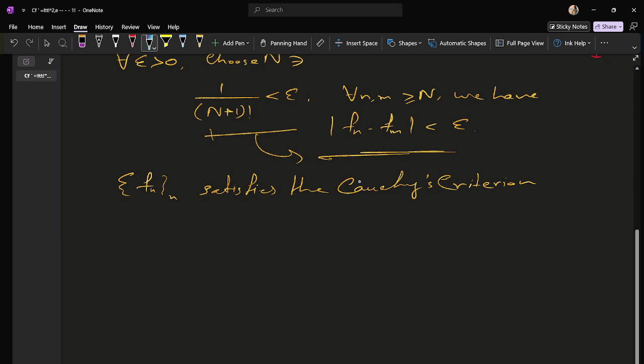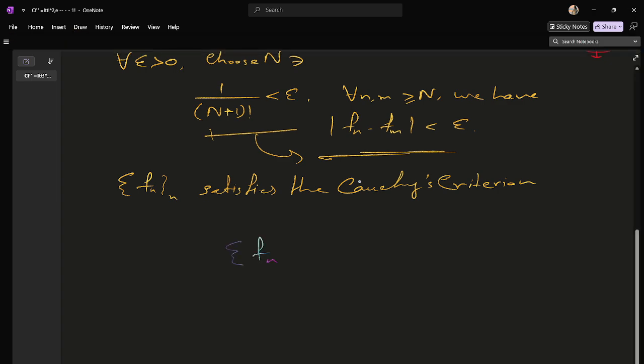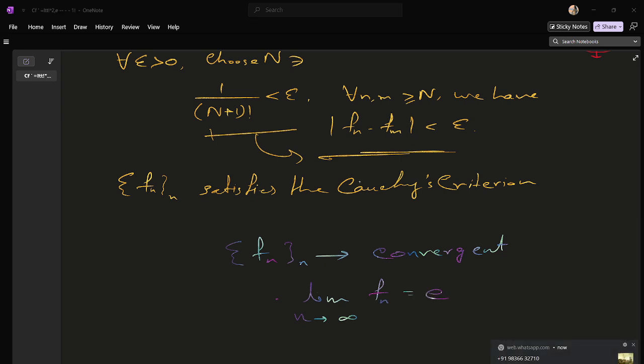So by Cauchy's general principle of convergence, the sequence fn is convergent, and the limit as n tends to infinity of fn is e.